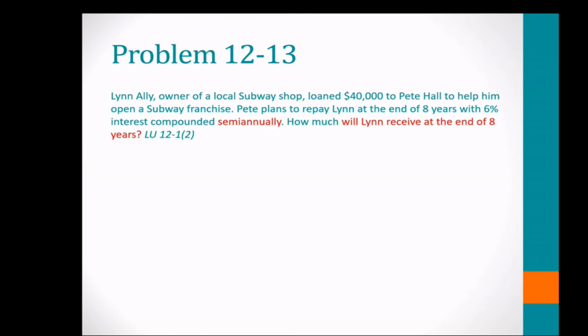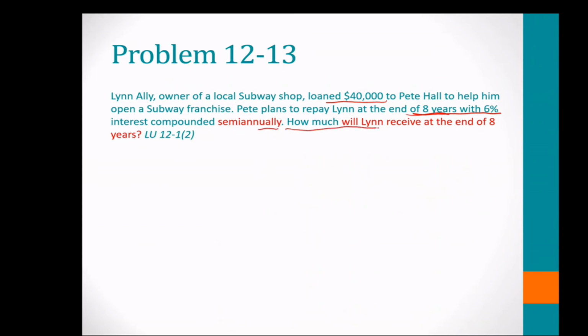In this example, the owner of a local Subway shop loaned $40,000 to help him open a Subway franchise. Petty plans to repay the loan at the end of 8 years with 6% interest compounded semi-annually.